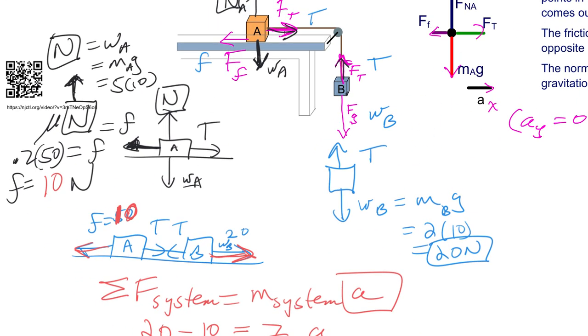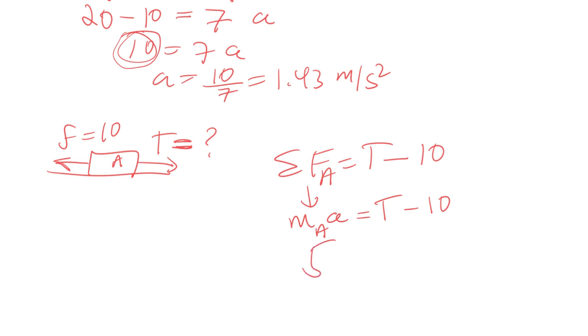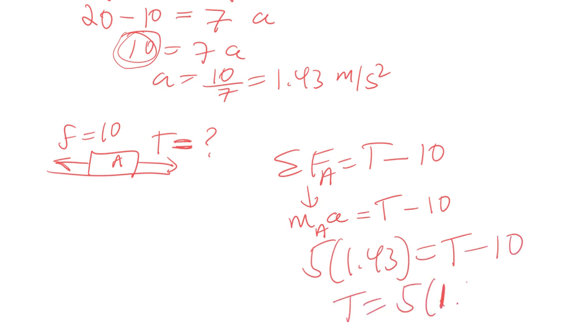What's the mass of A? 5 kilograms. 5 times acceleration 1.43 equals T minus 10. T equals 5 times 1.43 plus 10. T equals 17.14 newtons. And you could solve it for block B if you want to, but not necessary.